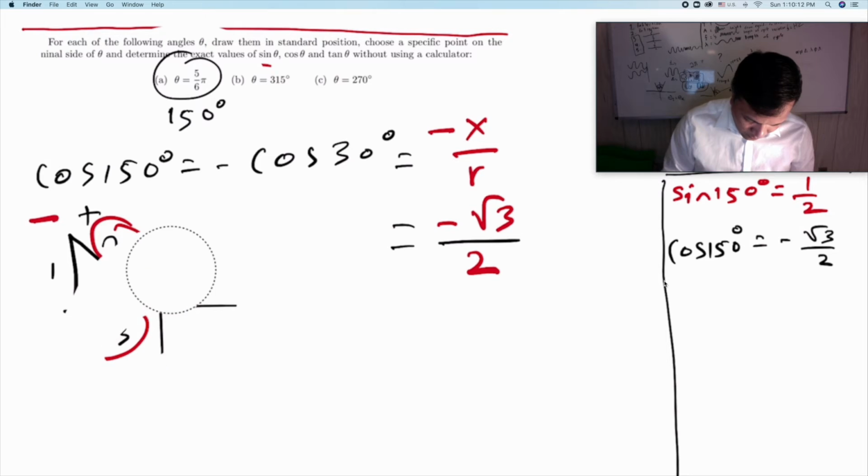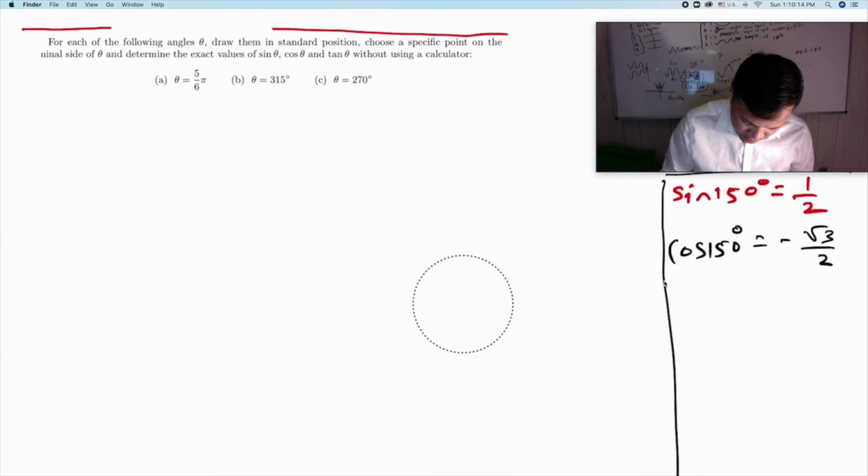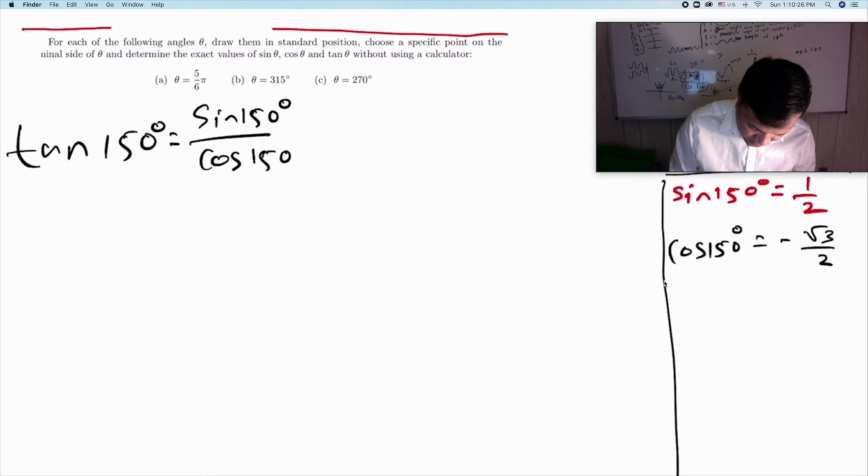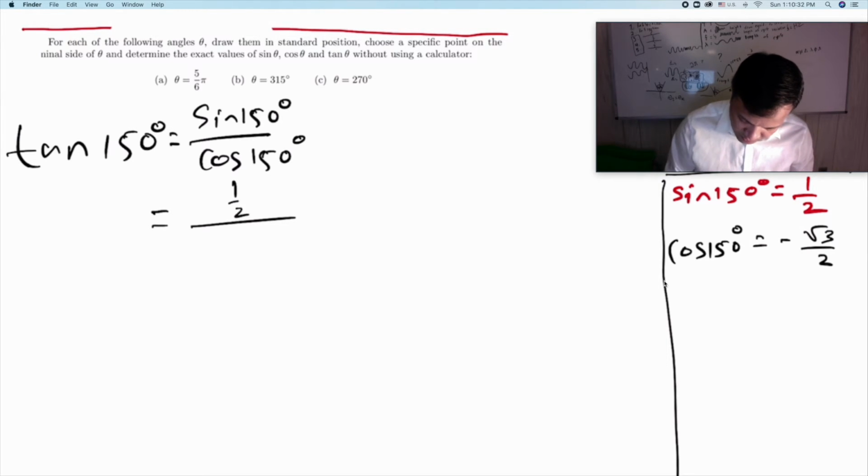Okay, now we're going to do tangent. Tangent 150 degrees is equal to sine 150 degrees over cosine 150 degrees. Sine 150 degrees is half, and cosine 150 degrees is negative square root of 3 over 2. So 1 over 2 times 2 over square root of 3.